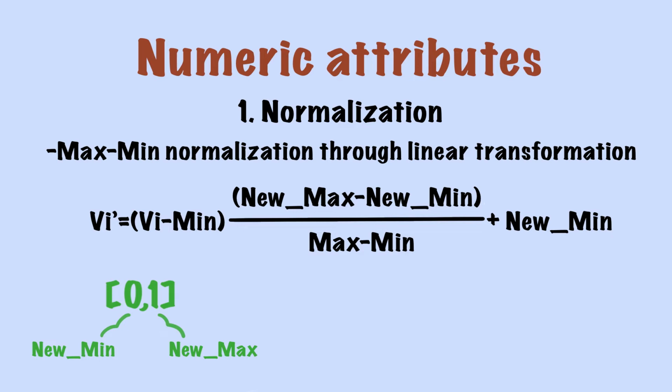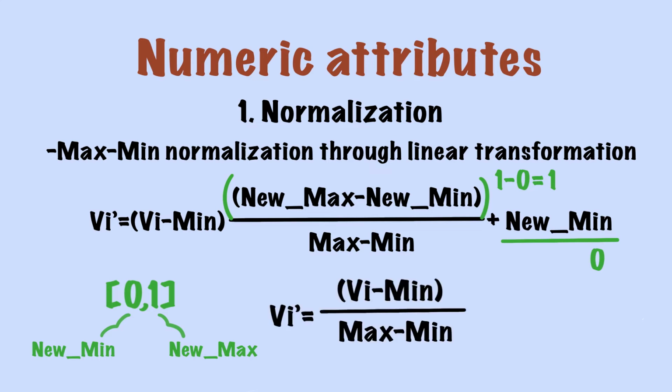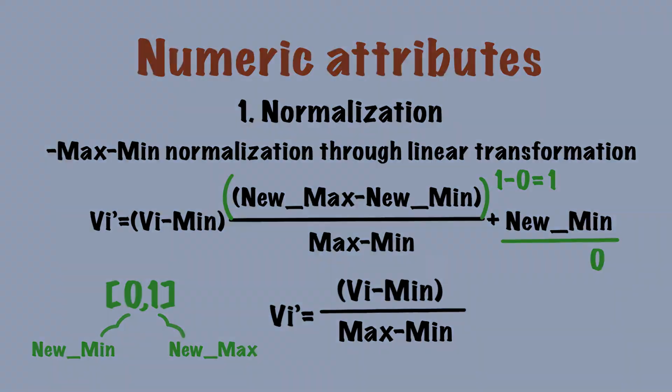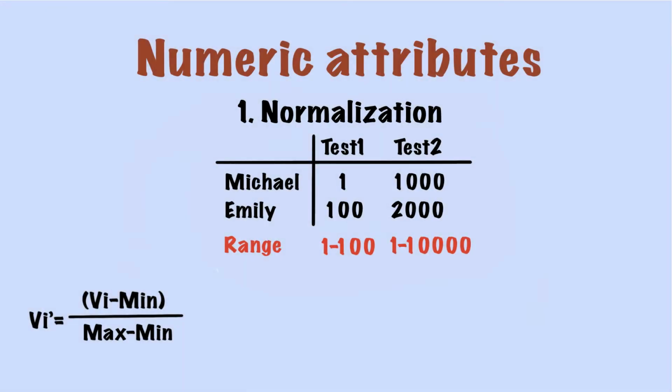However, if you choose the range of 0 to 1, the formula becomes surprisingly simple. New maximum minus new minimum is 1, and new minimum itself is 0. So, what you get is new data equals the original data minus the minimum, divided by the original data range. Let's come back to the example before.